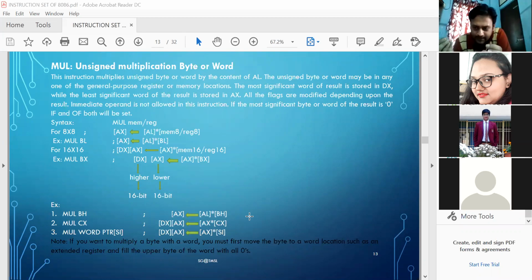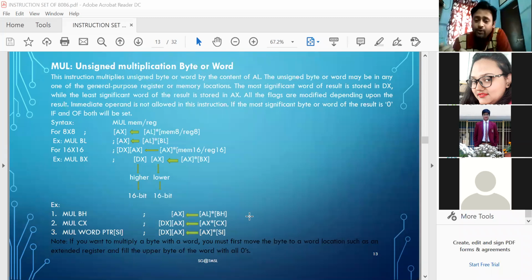When this 08 is moved into the CX register, automatically 08 will be loaded inside the CL register, and in the CH register, the upper register, 00 will be filled. So automatically the upper 8 bits will be filled by 00. Now you can perform the multiplication.